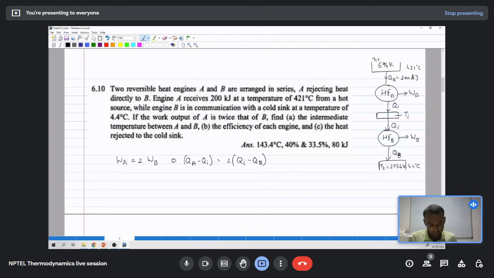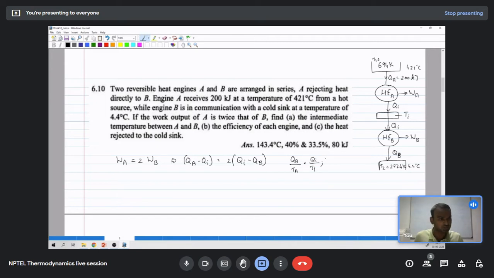So now we can solve this expression from Carnot theorem. We have QA by TA is equal to QI by TI.